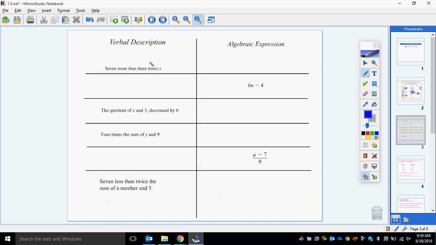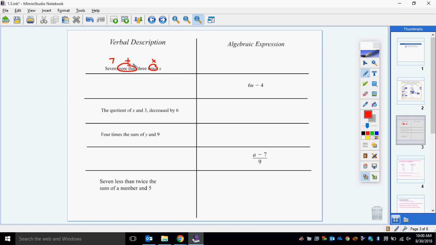Now let's take some verbal phrases and turn them into math. And let's take some math phrases and turn them into words. So if I have 7 more than 3 times x, how would I write that in math? 7 more than's a key word for addition. 3 times x, that means multiplication.